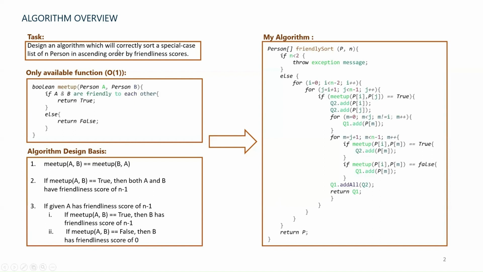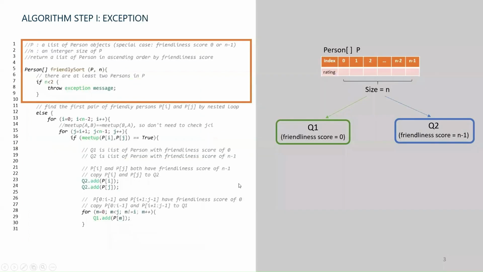So based on this information and analysis, I came up with my algorithm here. I'll discuss it step by step. The function friendlySort has two parameters, P and N. P is a list of person objects.